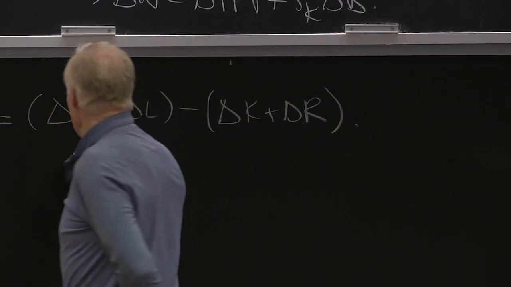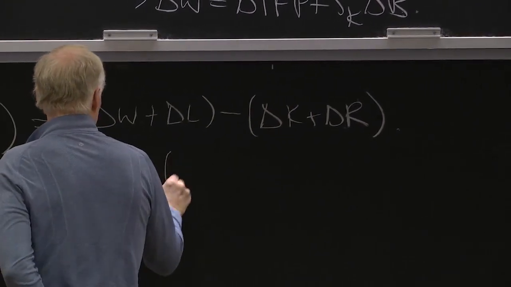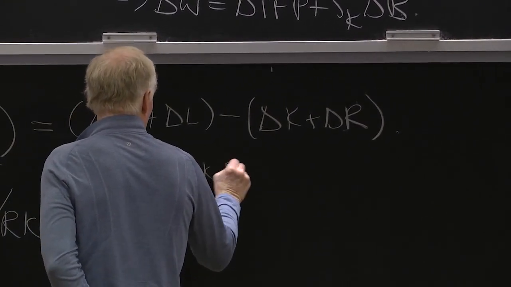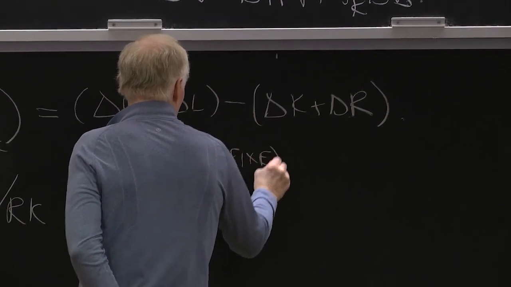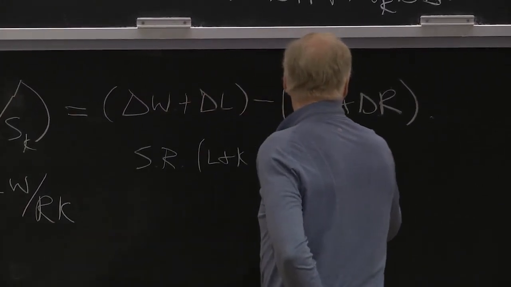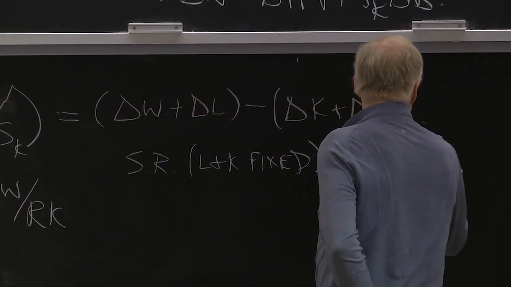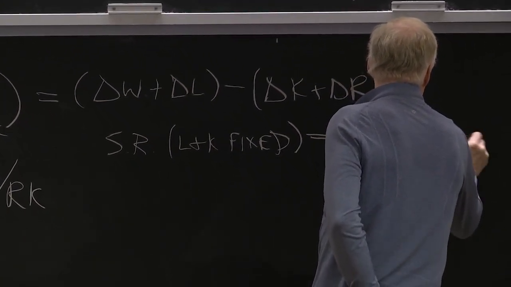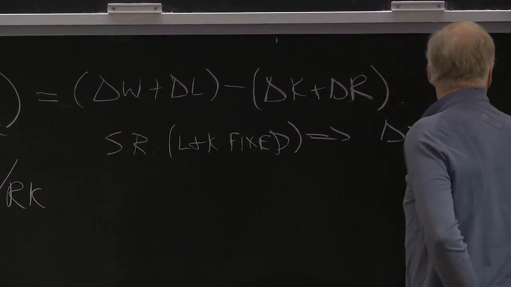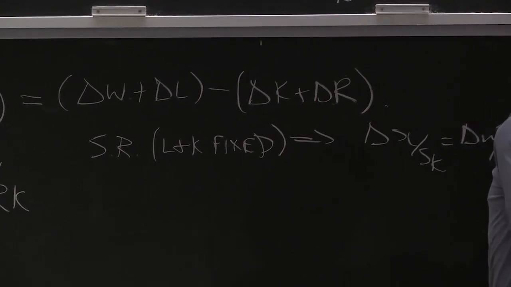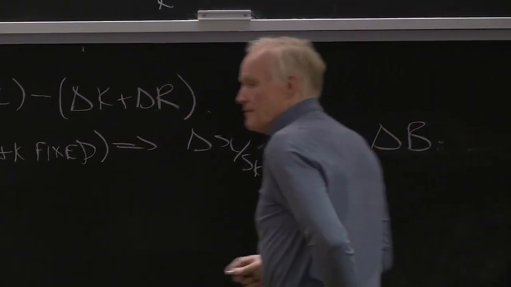So in the short run, which is L and K fixed, this would imply delta SL over SK equals delta W over R equals delta B.